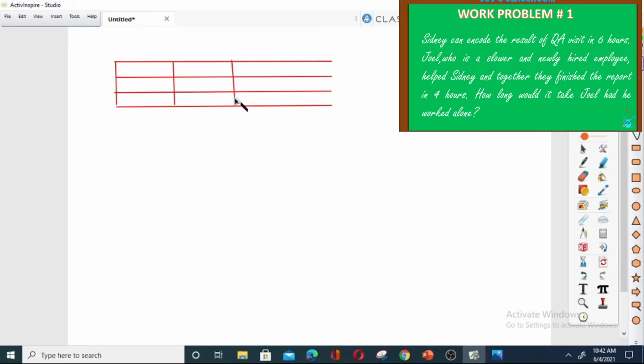The second column is the rate of the person doing the job, and the third column is the time.